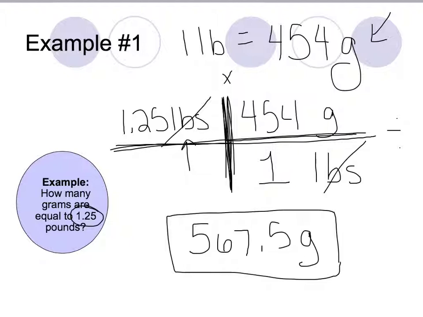So let's try it again. Next question. If a pound of apples costs 79 cents, then 5.3 pounds will cost what? So our conversion factor here is 1 pound equals 0.79 dollars.